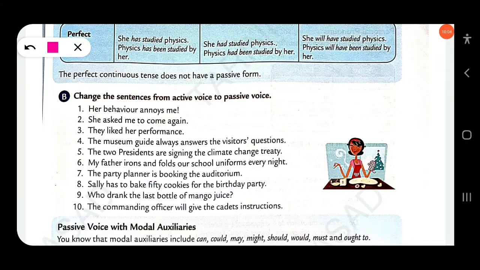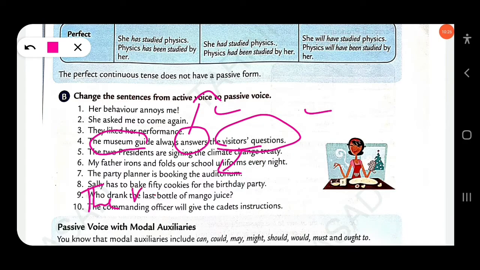Then next question here. The museum guide always answers the visitors' questions. Here the subject is the museum guide, the verb is answers, and the object is the visitors' questions. So the verb is written in simple present. The object, the visitors' questions, is written in plural, so you have to use are.